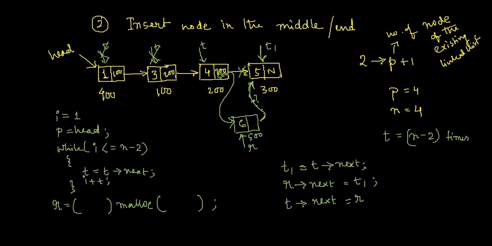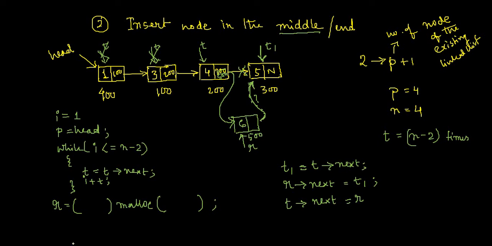Now see, whatever we have discussed till now is about the middle, right? But I have said that I will write the same code for middle and end. Surprisingly, the code works if you want to insert at the end also.